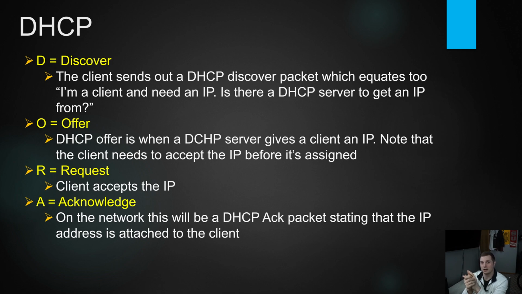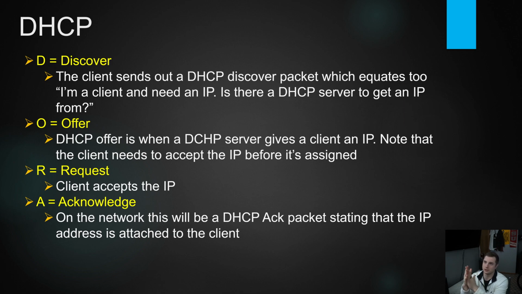That might be something to look into, and it's something you should be aware of. Yes, you might get an IP address, it might even be in the right range, but if it came from the wrong DHCP server, that might be something to look into.